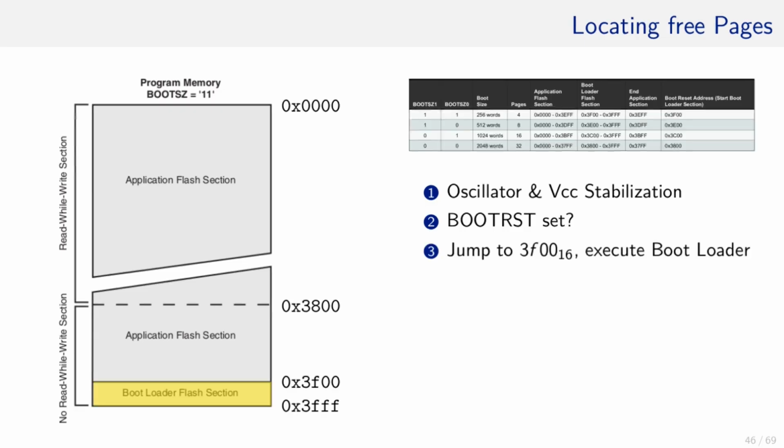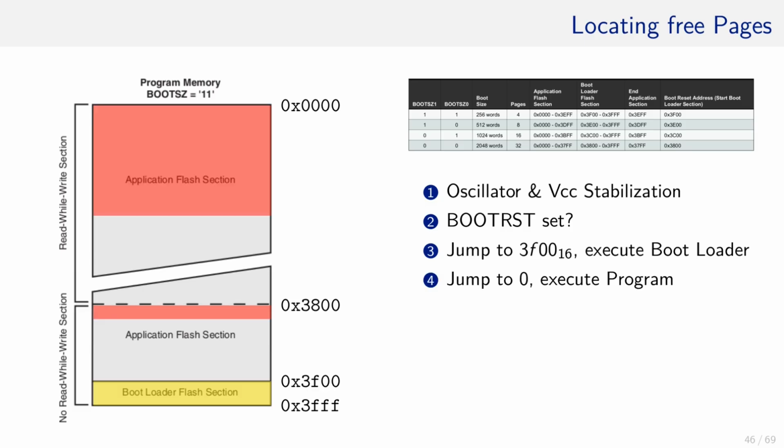Otherwise, it jumps to the address 3F00 in our case and starts executing the bootloader. The address it jumps to depends on a setting in BOOTSZ. After finishing the bootloader, the ATmega jumps to address 0 and starts executing the user program.